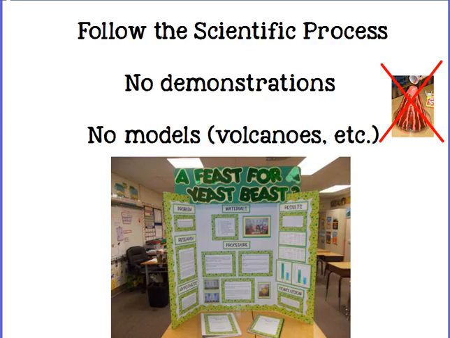They need to identify their variables, their independent, dependent, and controlled variables. They need to write a set of procedures, and the procedures need to be in complete sentence form. Each sentence needs to be a command sentence. In other words, starting with a command word. And the first procedure should not be something like get your materials.